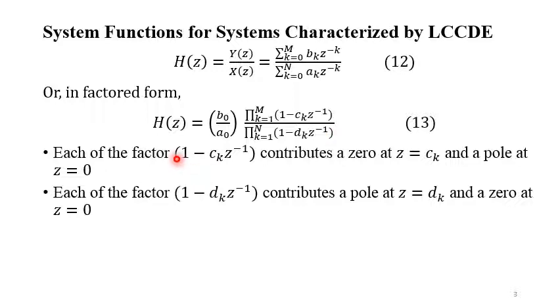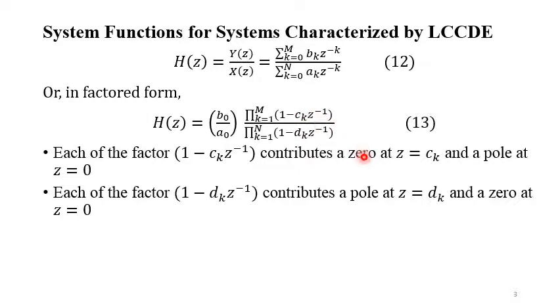Now each factor in the numerator, 1 minus c_k z inverse, contributes a 0 when z equals c_k. When z equals c_k, z multiplied by z inverse results in 1, and 1 minus 1 results in 0. So H of z becomes 0.